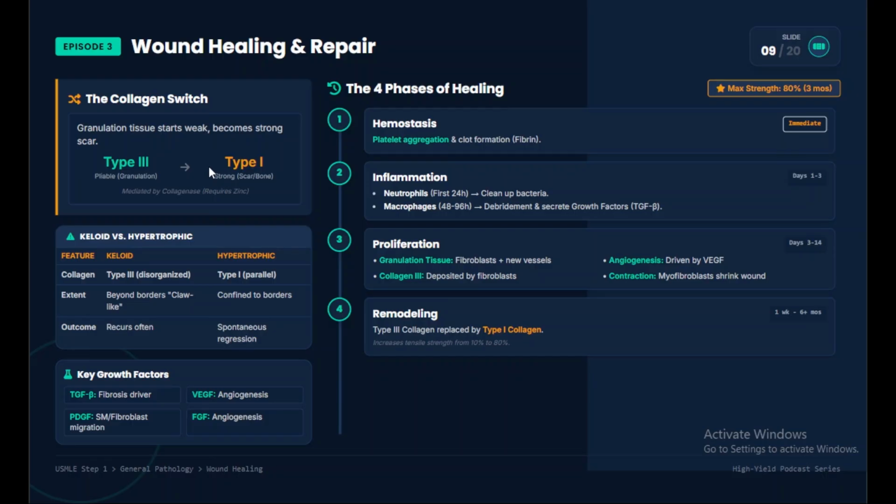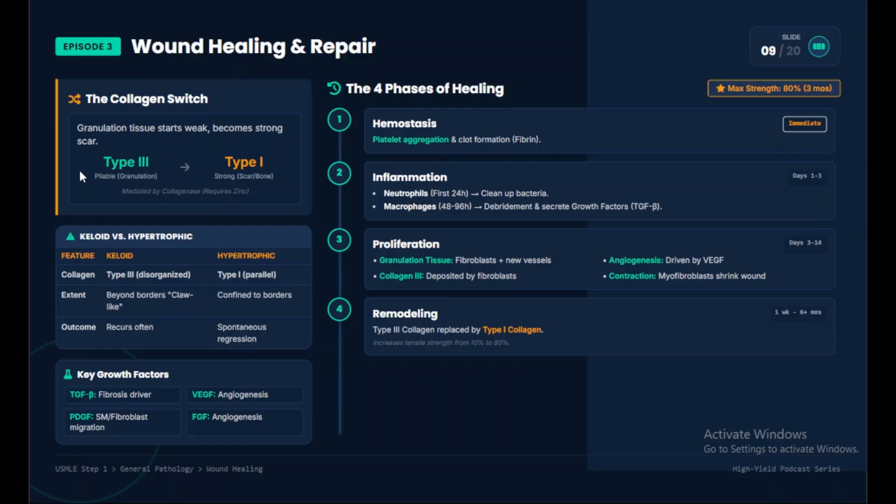Now, there is something I want you to differentiate: keloid and hypertrophic scar. People often confuse the two. In simple terms, you can say that keloid is a disorganized scar formation.